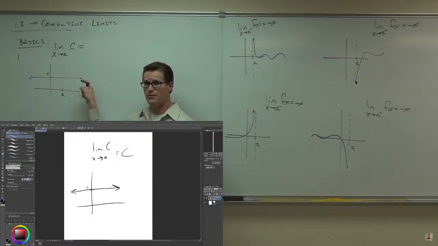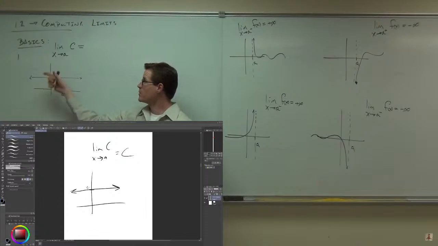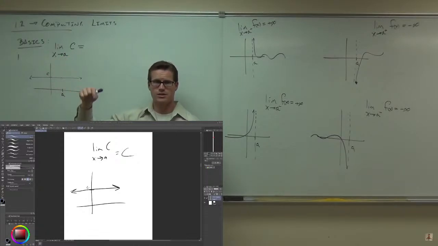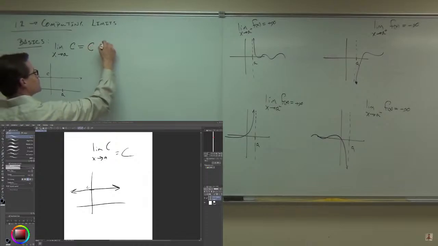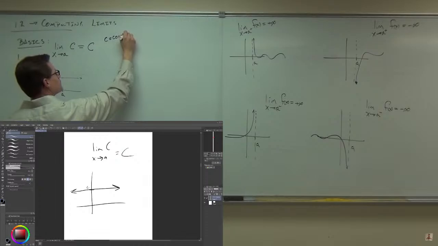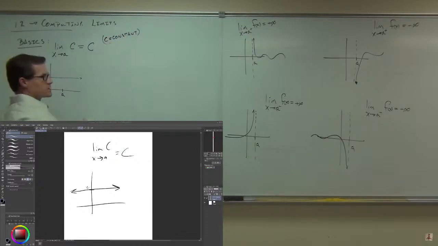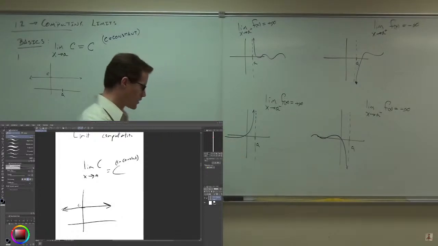The y value as we approach the a value is c. So the limit is c. What that means is the limit of a constant is the constant itself, where c is a constant. That makes sense graphically. So every time we take a limit of just a number that's a constant, we just have the constant. That makes things nice for us.